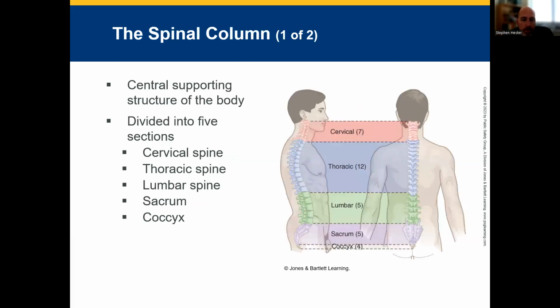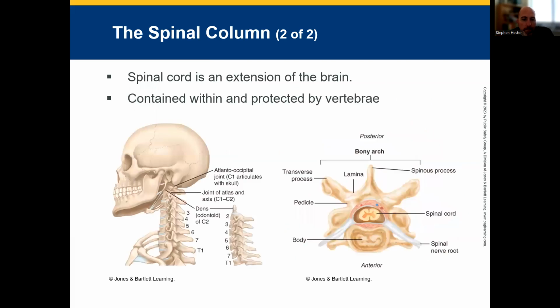All right, there's your seven cervical spines, your thoracic 12, your lumbar 5, the sacrum 5, and then the coccyx 4. Here's the makeup of your vertebrae. Each one of these could possibly be fractured without spinal cord involvement.